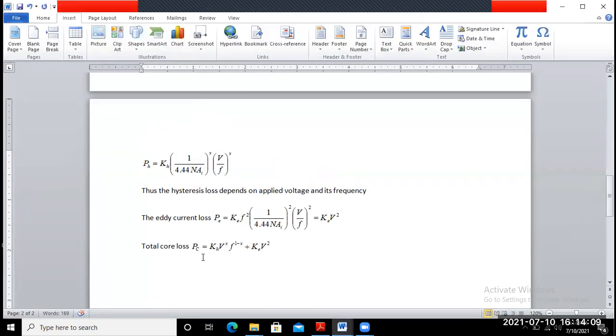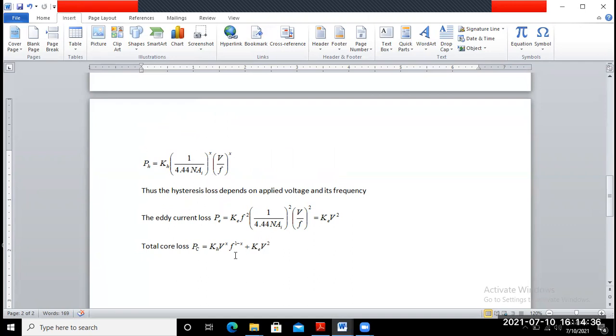So this is the core loss equation, with hysteresis loss and eddy current loss converted into voltage and frequency. The x value may be taken as 1.5 to 2.5 or may be provided in the numerical problem. So you may solve some problems based on this.